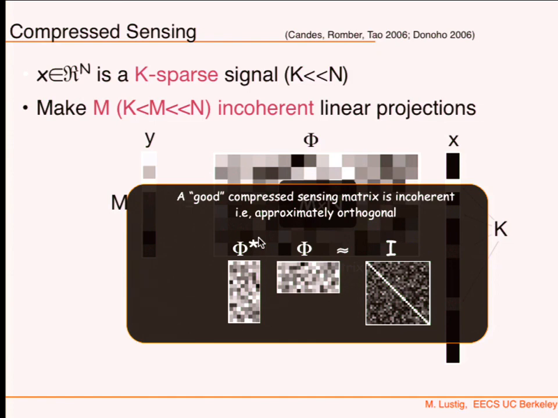The rank of this matrix is determined by m, and m is less than n, and you have an n by n matrix, so it cannot be an identity. But it is approximately orthogonal, and this is approximately the identity. That means that if I look at phi transpose phi, I'm going to have a very large diagonal and very low off-diagonal elements, as low as I can.